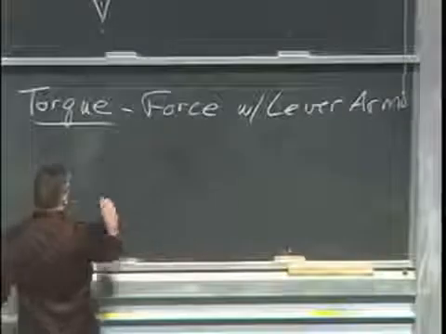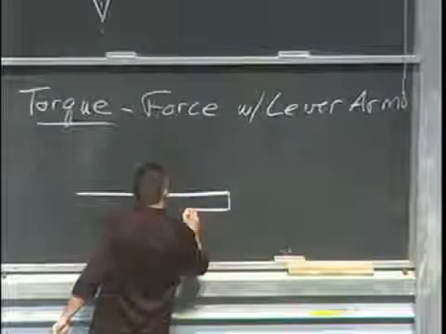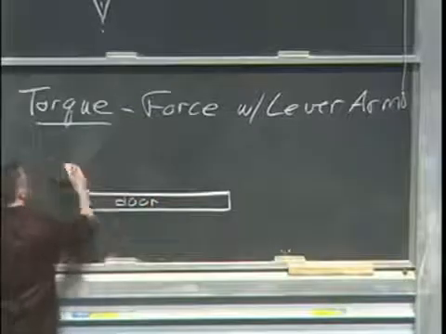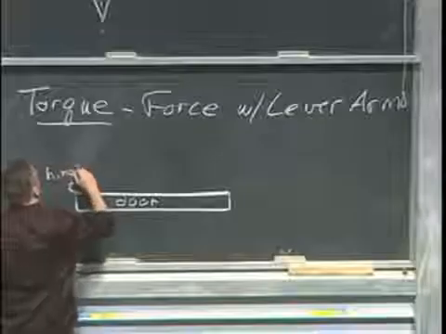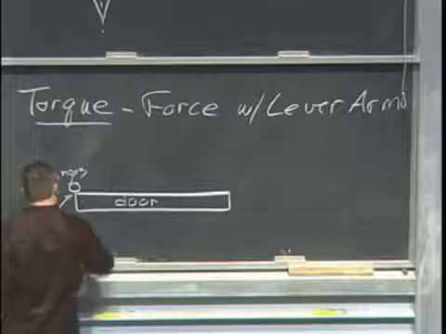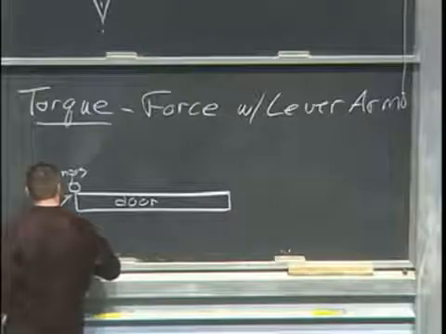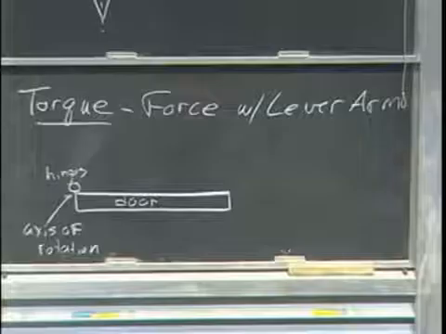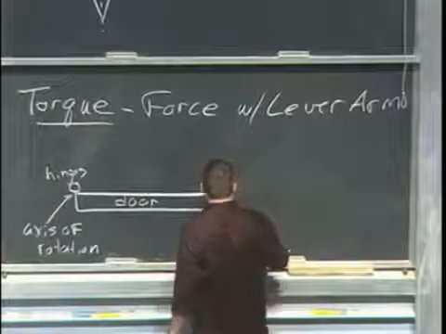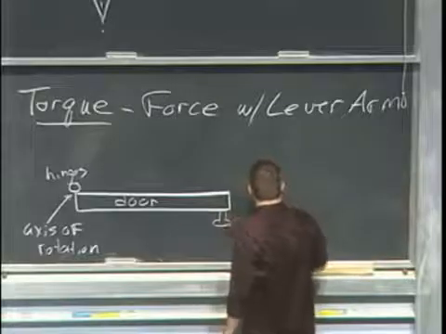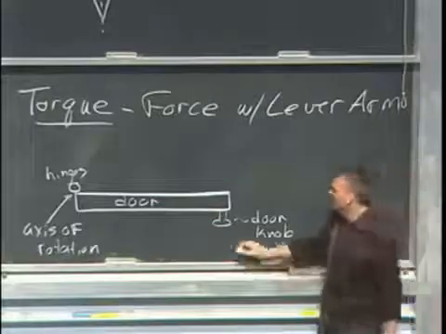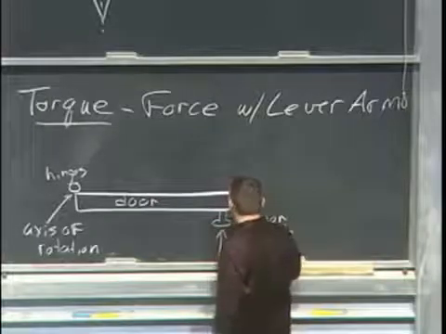Here is our door. Here are the hinges, which are defining the axis of rotation. The doorknobs are always opposite that. When we're opening the door, we're applying a force here. This is the force from our hand pushing on the door.